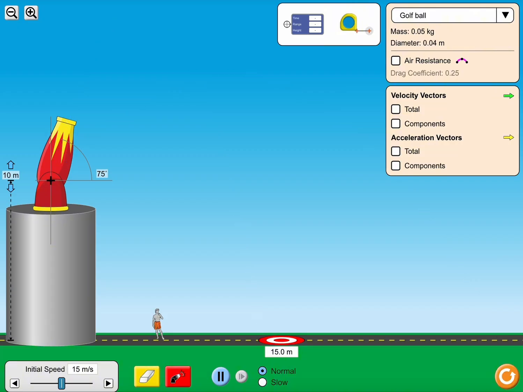We're going to put this off, and we're going to try the same angle, but now with air resistance. So we fire it, and we see that air has, as it says, a resistance to the motion that our golf ball can follow.